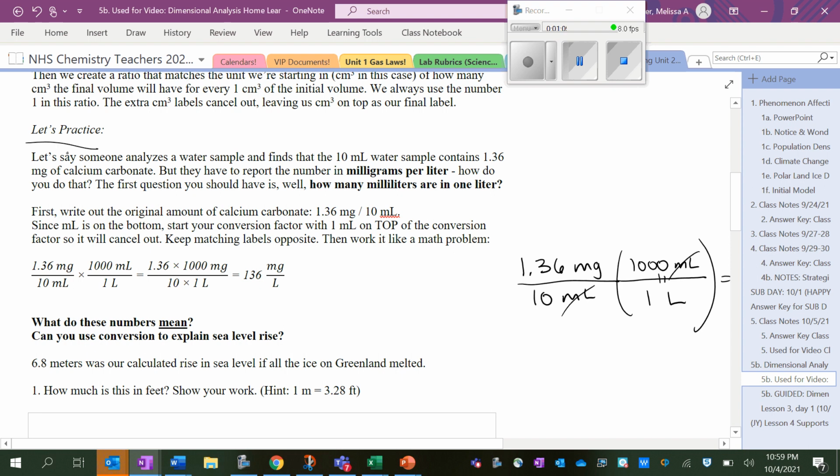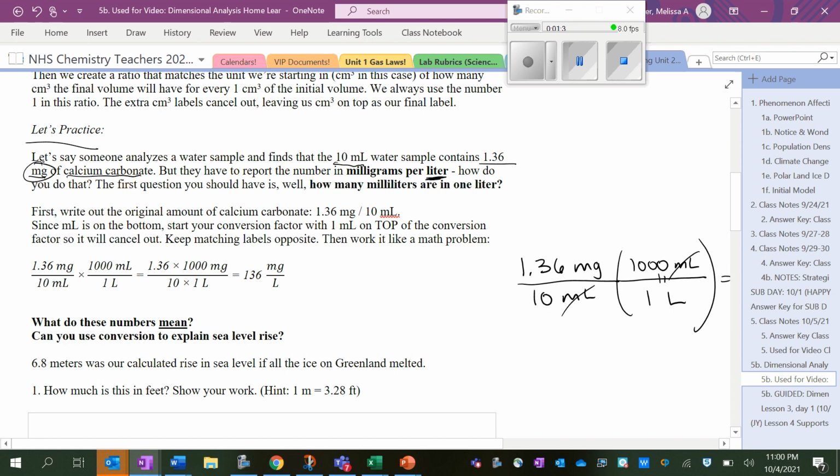Let's practice. Let's say someone analyzes a water sample and they find that the 10 milliliters of water contains 1.36 milligrams of calcium carbonate. Whoa, okay, a lot going on there. But they're supposed to actually report the number in milligrams per liter.